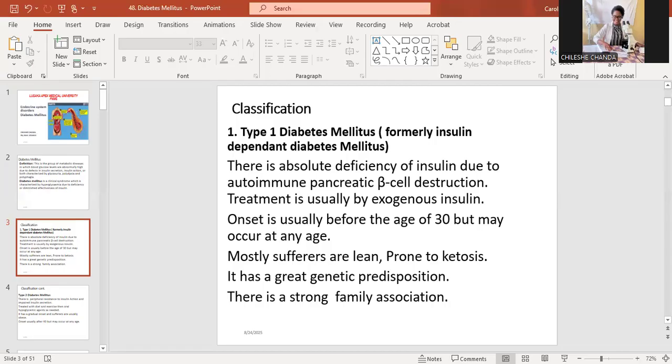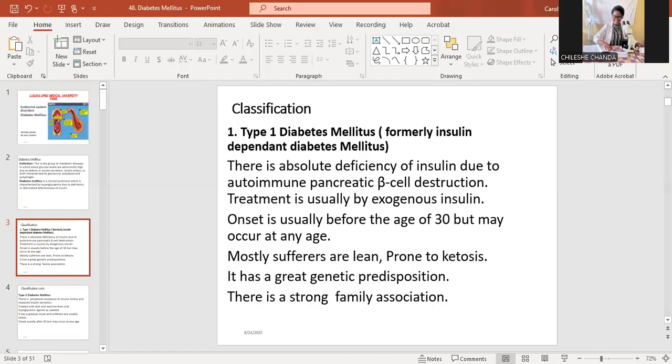Onset is usually before the age of 30, but may occur at any age. And most of the sufferers of type 1 diabetes mellitus are usually very lean, very thin. We'll look at why in the pathophysiology. And these people are usually prone to ketosis. Ketosis is a situation where there is excessive breakdown of fat.